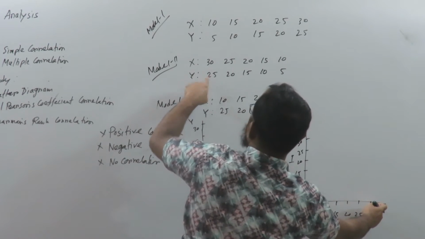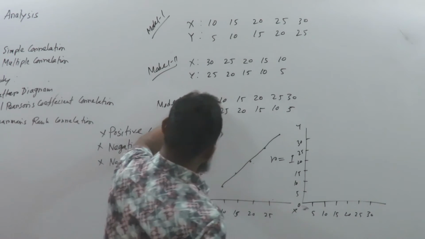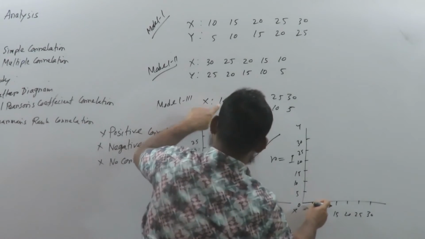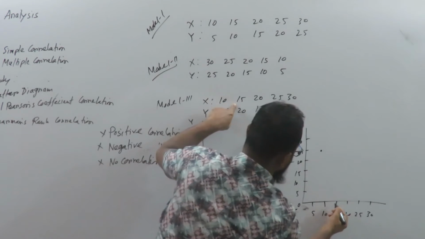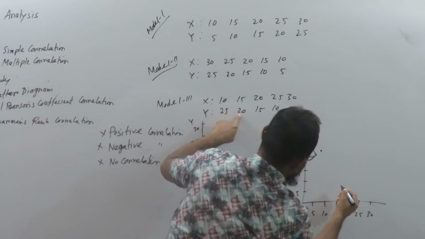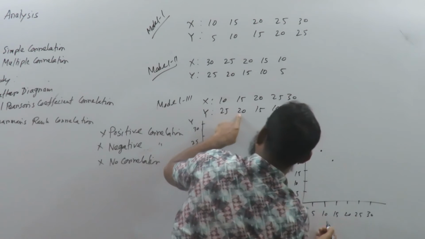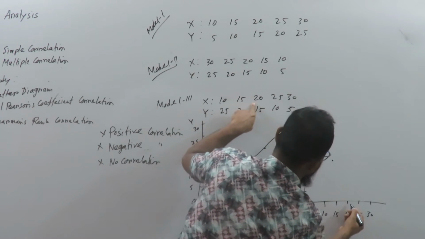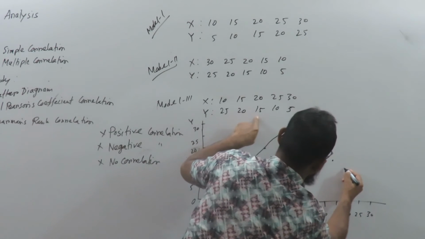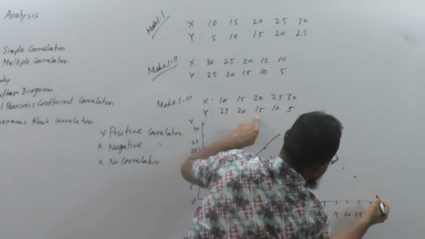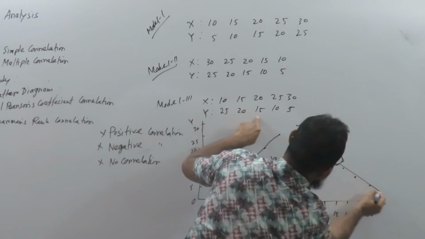When x is 10, y is 25. When x is 15, y is 20. When x is 20, y is 15. This way, we have another line.